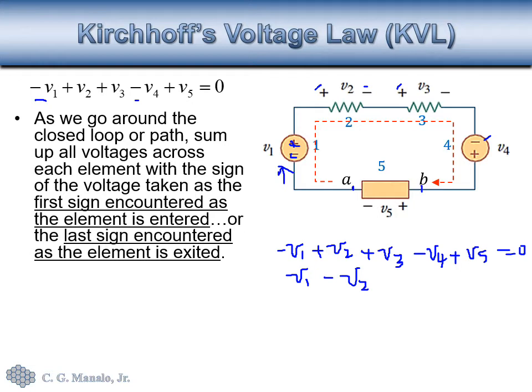For V3, when I leave V3, it is a negative sign. For V4, it should be positive, and V5 minus V sub 5, and also equate that to 0. You'll notice that this is just the same as the previous equation that I've written. It is just multiplied by -1.